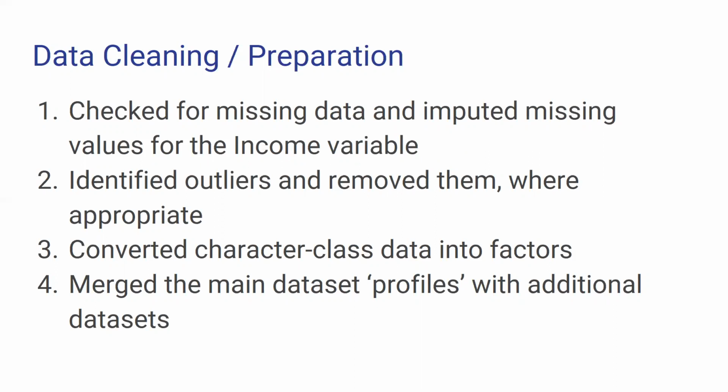We converted character class data, which comprises the majority of the data in the data set, into factors to facilitate the analysis and visualizations for this case study. Finally, we merged the main data set profiles with additional data sets to make the final data set more comprehensive.